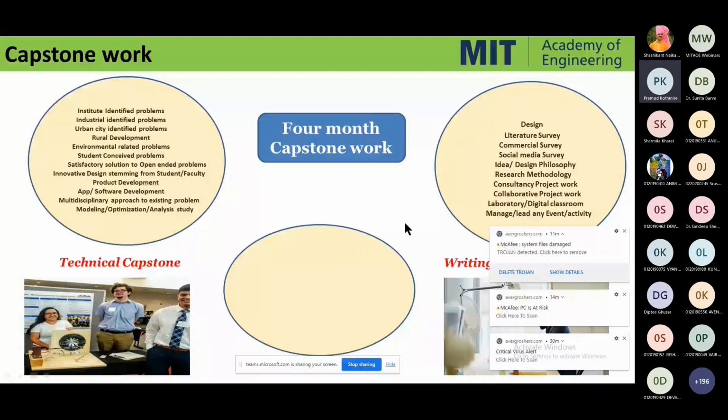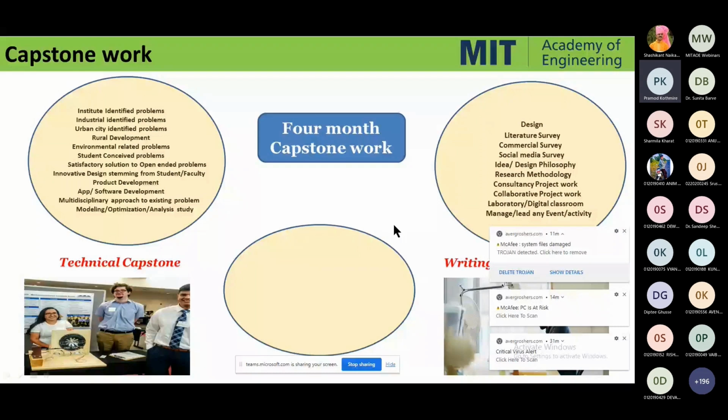So for the technical capstone and writing intensive capstone, one incident I will share with you. This is a basic incident and a basic guideline for students of all disciplines. See, many times, on a broader scale, we try to solve an engineering problem in two ways.